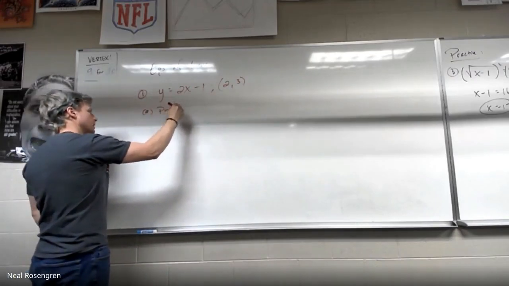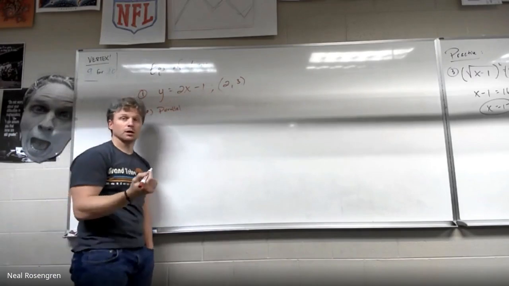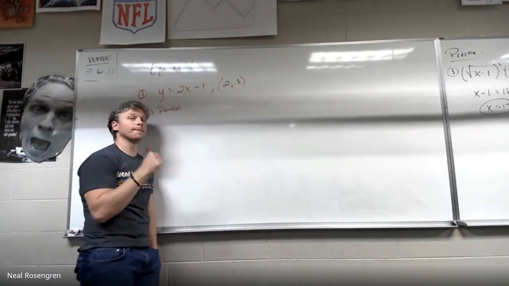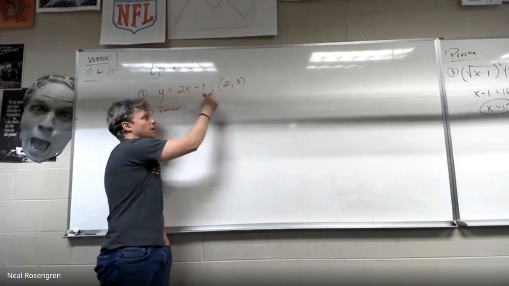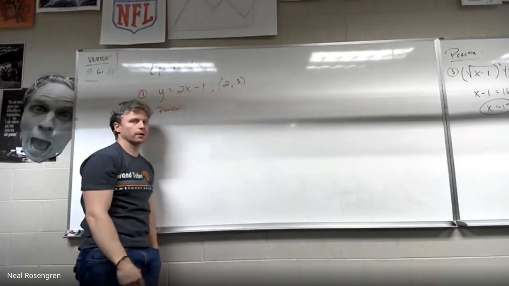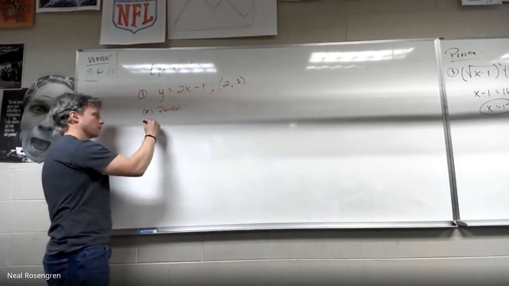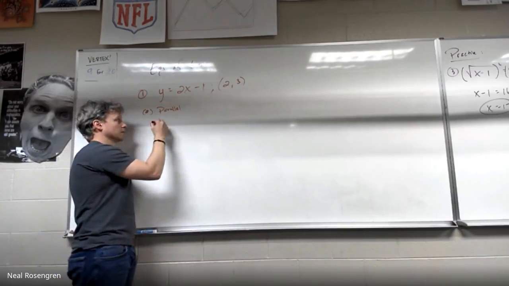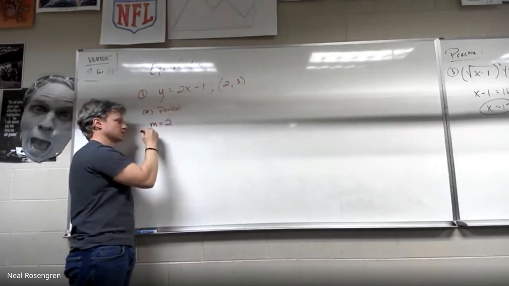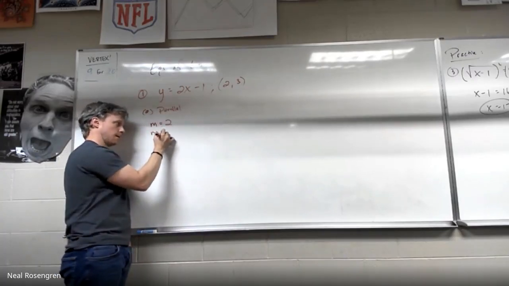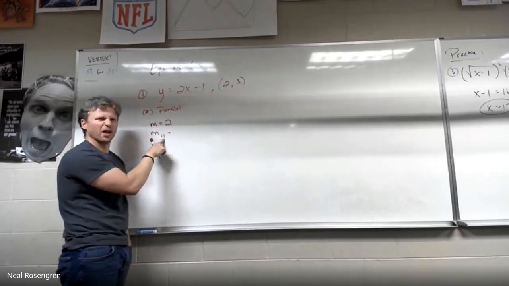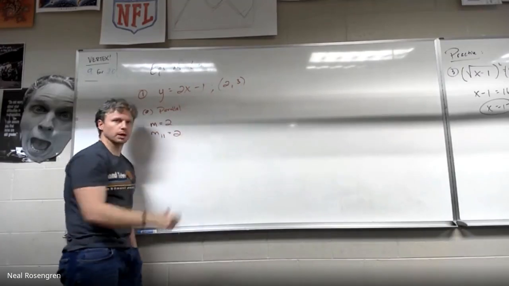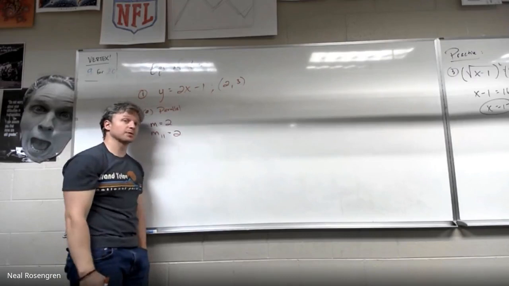They're going to ask us potentially to find the line parallel to this one that goes through this point. If the slope of this line is 2, the slope of the line parallel, it looks like 2 L's right next to each other, is also 2. If two lines are parallel, they have the same slope.